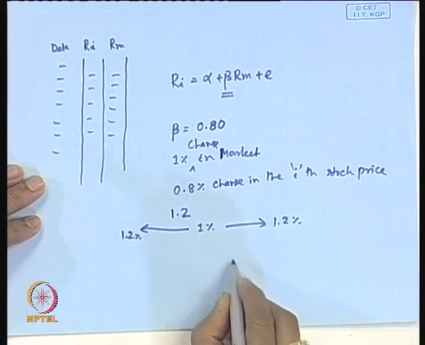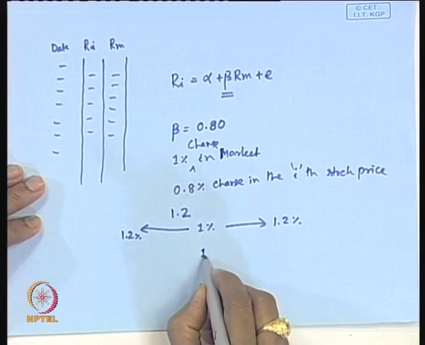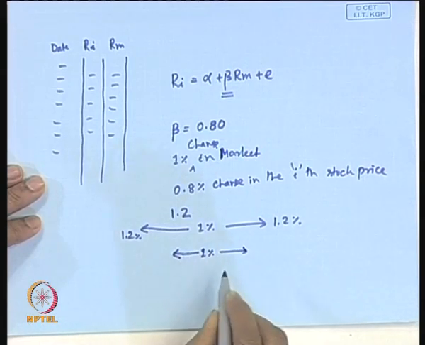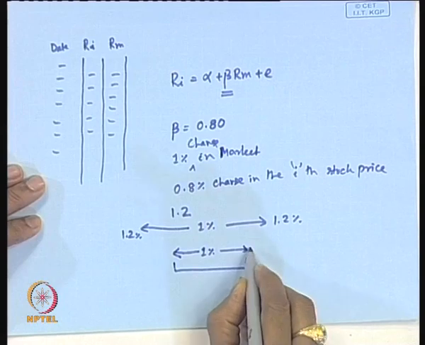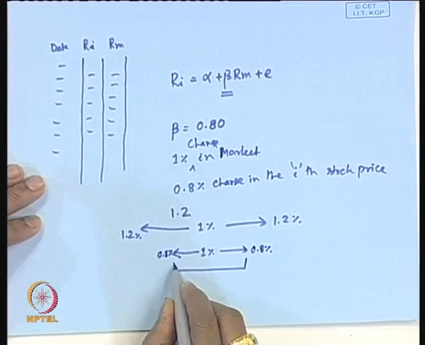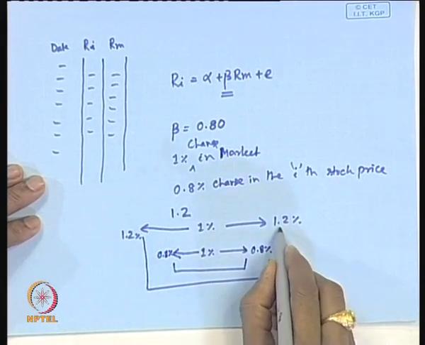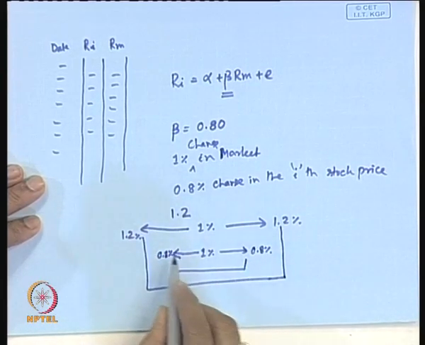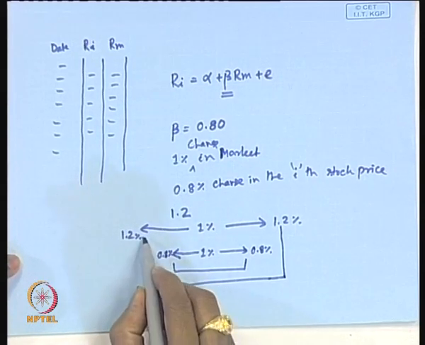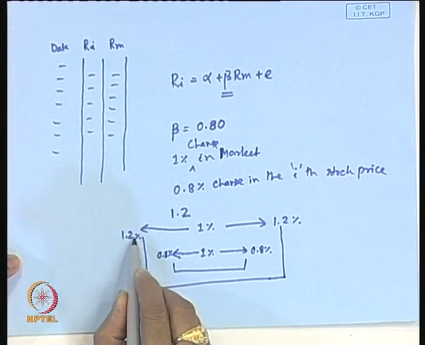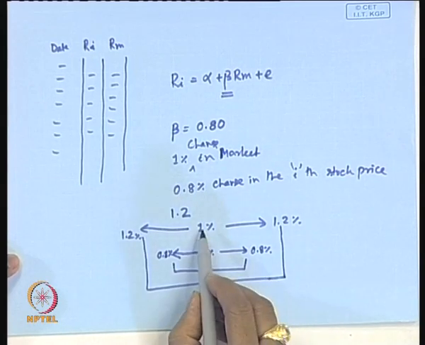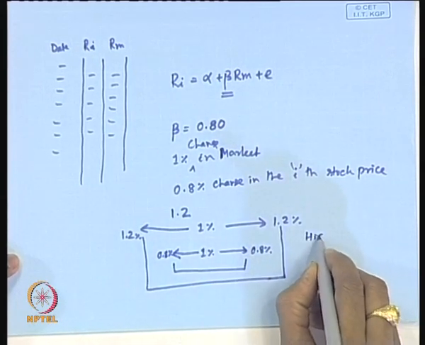In the 0.8 case, the rise could be up to this and the fall could be up to this, so the difference between these 2 points is obviously lower than the difference in the other case. Change can be upward or downward, and there is a variance: it can go down by 1.2% or go up by 1.2%. So, looking at that, the higher the beta, the higher the risk.